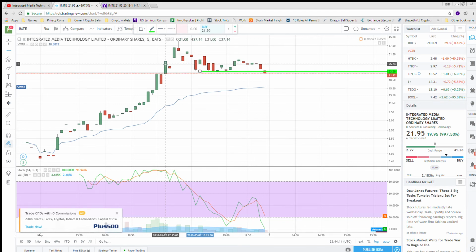So the high of this was 27, the high of this was 27.14, the high of this was 27.10. So that looks to me like it could be a resistance level.